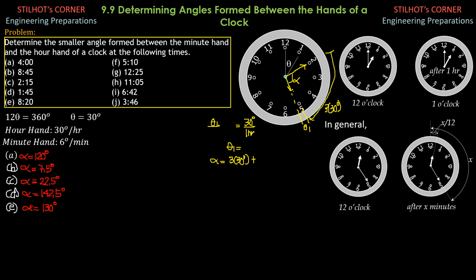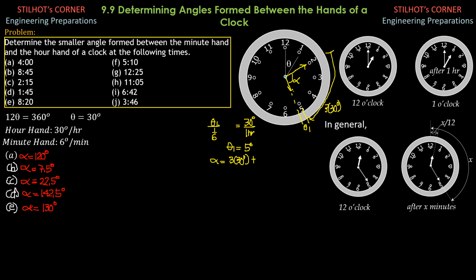Since this is 5:10, the equivalent hour is 10 minutes divided by 60, which is 1/6 of an hour. So theta 1, at 1/6 hour with 30 degrees per hour, is 5 degrees.